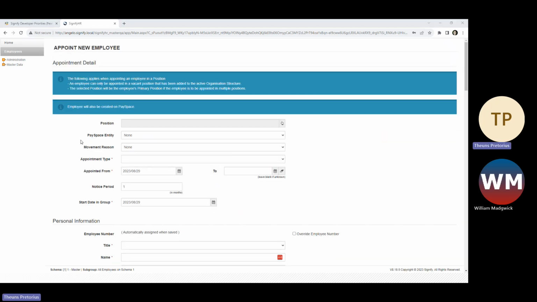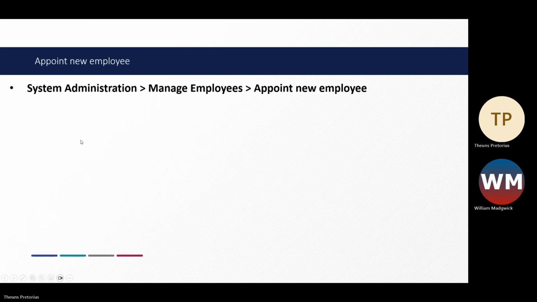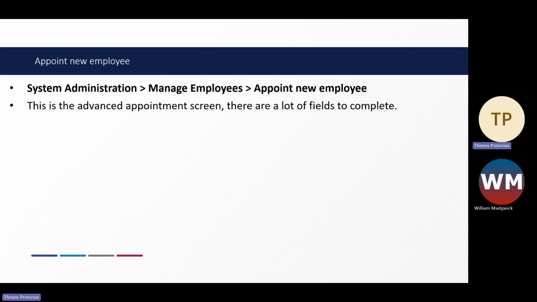Okay, bearing that in mind, that is the location. This is the advanced appointment screen. In terms of HR systems, we have a very advanced appointment screen in our system. There's a lot of information that you can complete. You can select the person's leave group, configure everything, and click on appoint. I'm going to show that now.